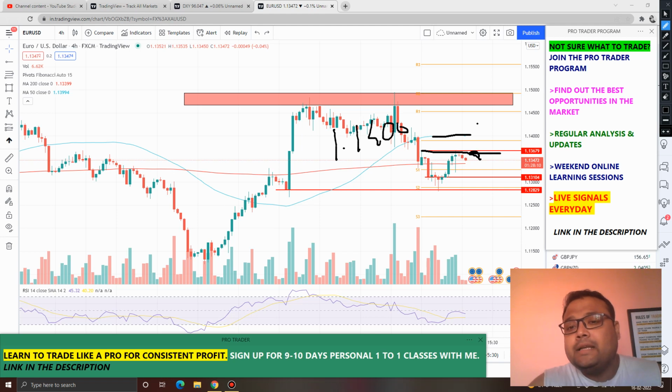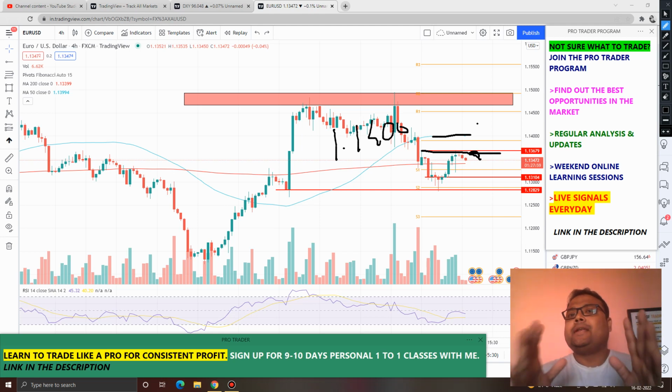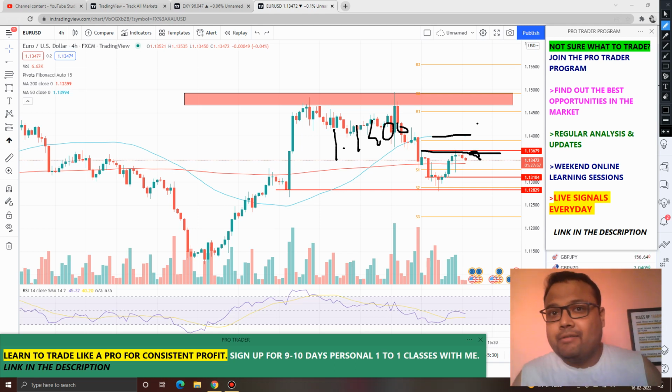So keep in mind these two levels, 1.1367 and 1.1400, these are the levels for day trading purposes only, and these are not very strong levels, so their reliability is quite low in comparison to the other levels that we just discussed. So if you see any good price rejection from above at these levels, you can take a sell position as well for day trading purposes.